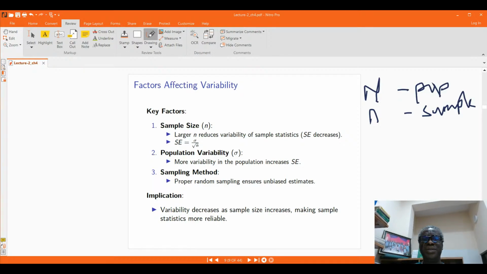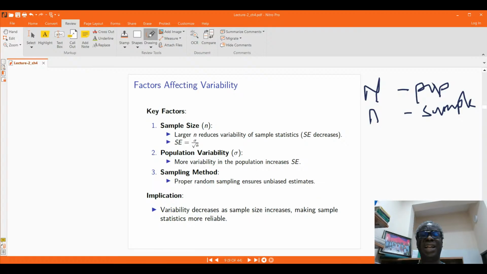So if the sample size is large, then the variability of the sample statistics will reduce.